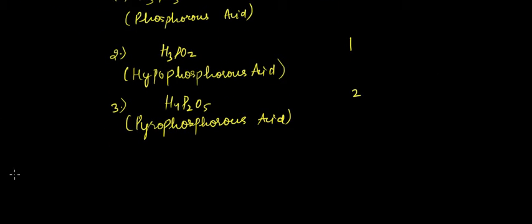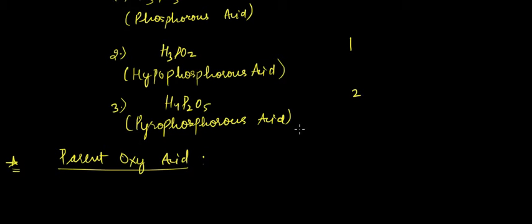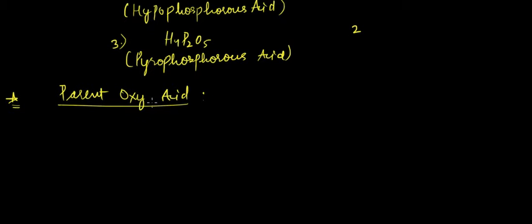Next, let us see the next concept, which is parent oxy acid. Under parent oxy acid, we have two forms.